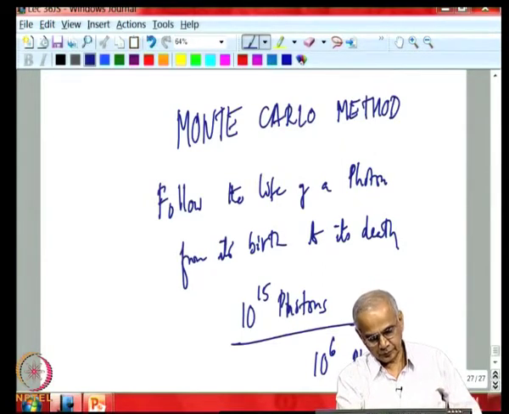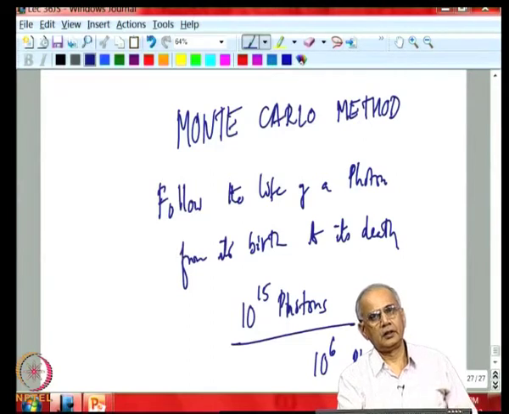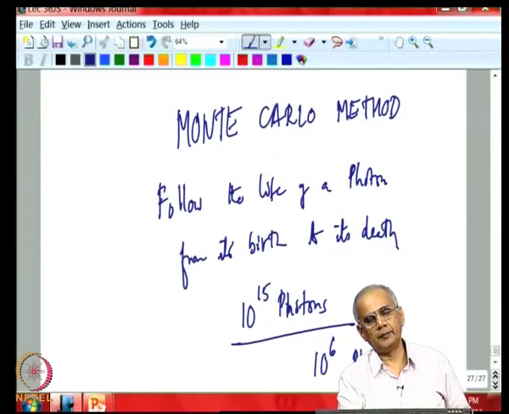Now, you might wonder how a million photons can be used to represent 10 to the power of 15 photons, which is a billion times larger. The hope is that you have chosen these million photons at random from the larger set of the actual 10 to the power 15 photons.